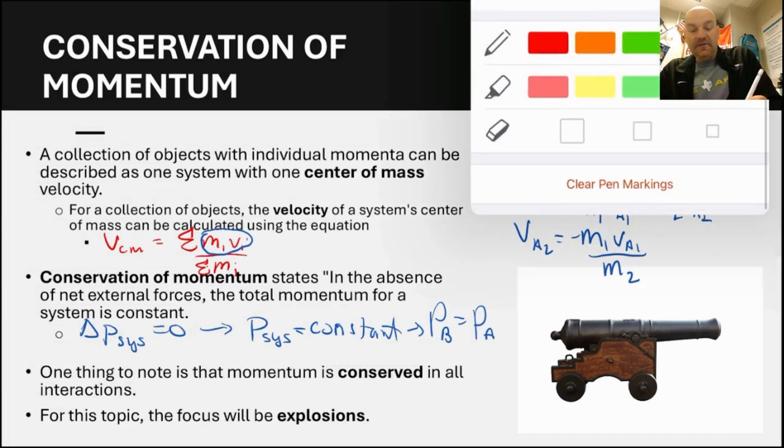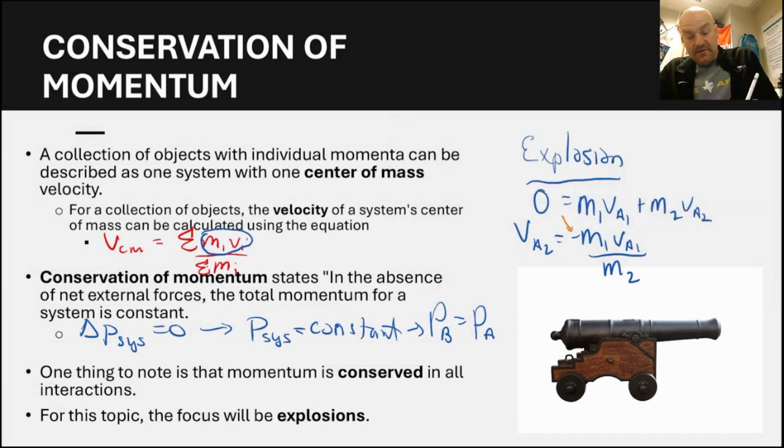Now, a couple things to note, right? That negative sign, well, what happens is if V after 1 is designated as your positive, that means V after 2 would go off in the other direction, okay? And so like, let's say we fire this cannon. Well, what happens? The cannonball goes out to the right, and what does the cannon do? It actually goes backwards, okay?